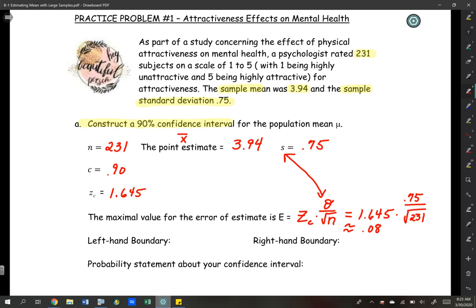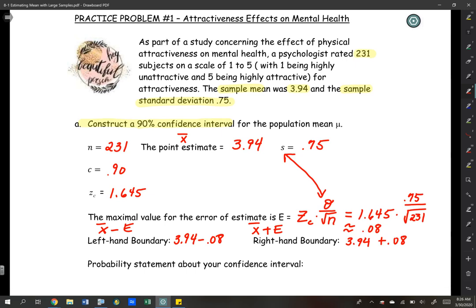So again, what I was saying was that the left-hand boundary is going to be X bar minus E. The right-hand boundary is going to be X bar plus E. All right, X bar is 3.94 minus 0.08. The right-hand boundary is 3.94 plus 0.08.